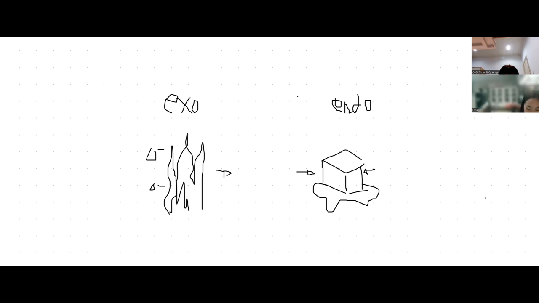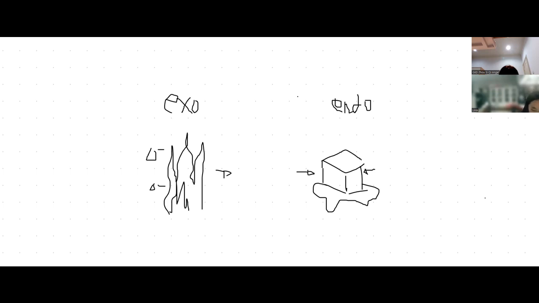A physical reaction will not lead to a new product, whereas a chemical reaction will lead to the formation of a new product. All phase changes are physical changes, like an ice cube melting into water. That's a physical change, not a chemical change.